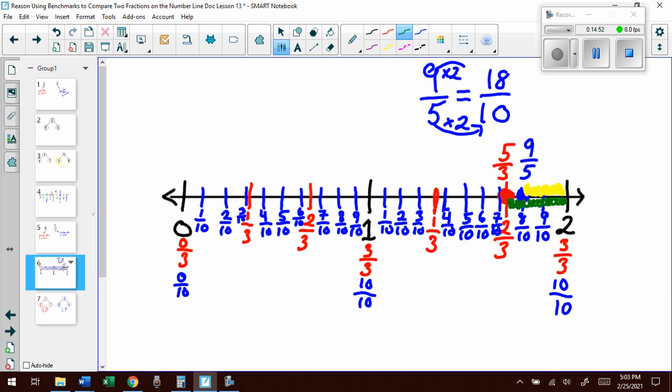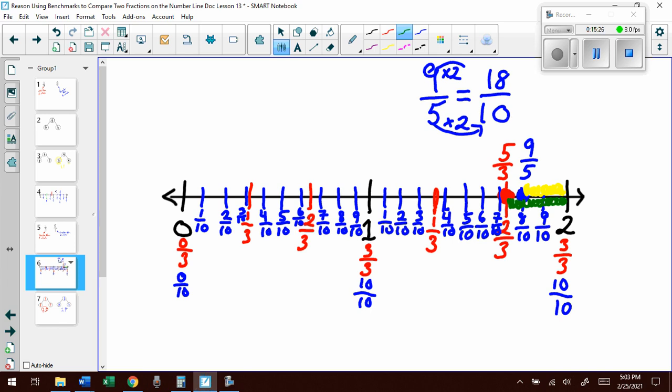Then we looked at a number line. And thirds was pretty easy, because thirds follow along with benchmark fractions. Fifths were a little bit different. I made the observation that if you had an even number, you could cut it in half and then partition the halves. So we found a fraction that was equivalent to 9/5 that had an even number denominator.